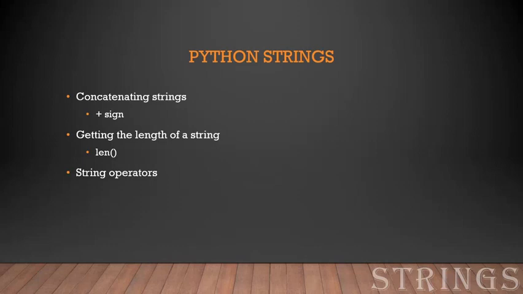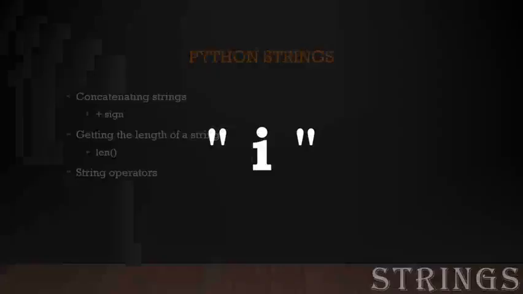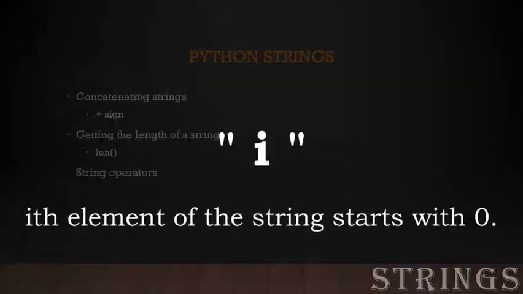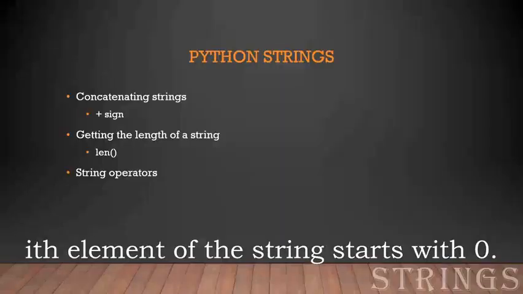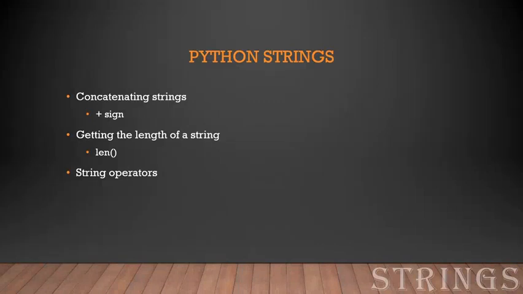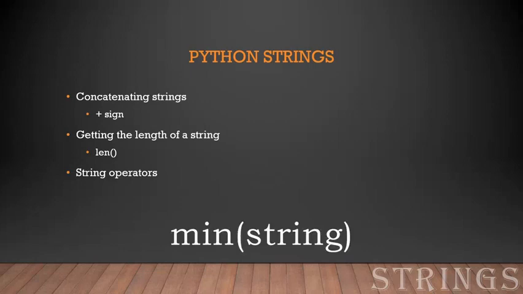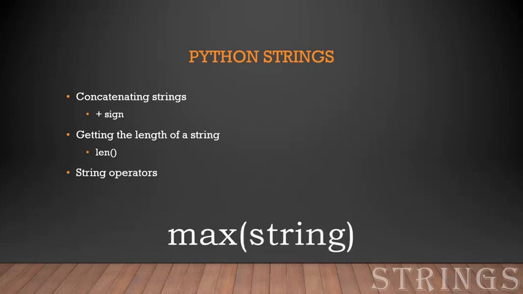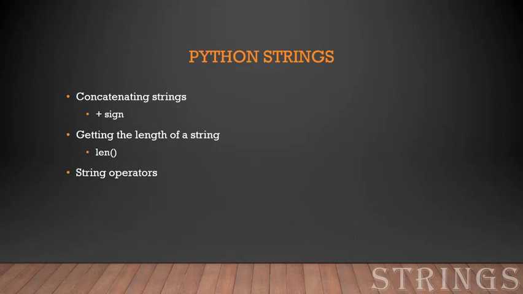As I was telling, we'll have the string index, where you can consider the index as i, the ith element of the string, beginning with 0. We can also take only a part of the string, or take the string with different gaps. And we have the minimum of a string and the maximum of a string, that is the smallest item and the largest item in the string.